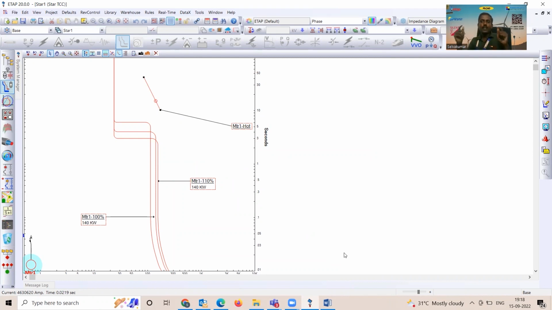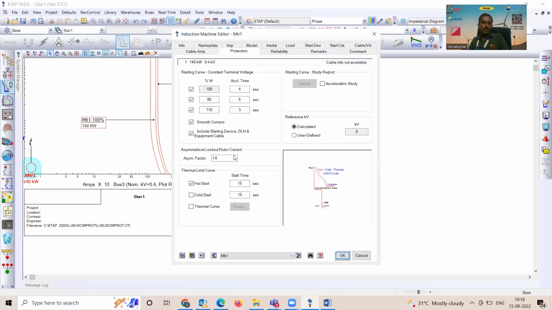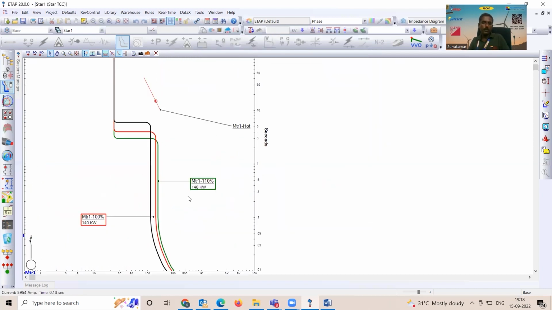And the current during starting will not be purely sinusoidal. It consists of some asymmetrical quantity. If you assume an asymmetrical factor of 1.6, this is the curve which we are seeing. If you consider 2, the graph goes further, something like this. This is another important aspect. In absence of data, you can assume 1.6 as an asymmetrical factor. That's a good number too.